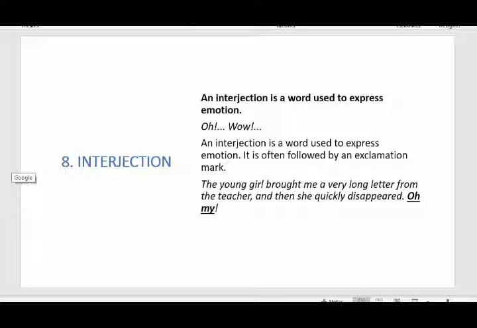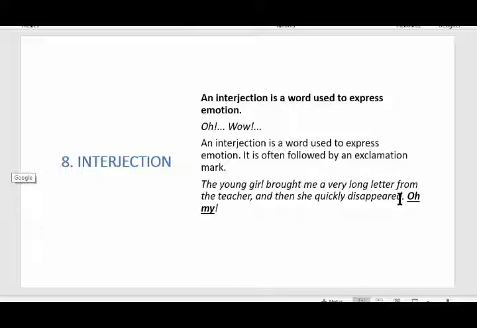In general, when I say expression, I am specifically talking about surprising elements. When you hear something that you did not expect, you get surprised, and such reactions are in general expressed using exclamation marks.